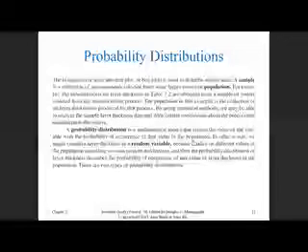Sample is a part of the whole, and the full count is the population. So the chance of occurring that value will be shown in the probability distribution. What we need to know is that it relates the value of the variable with the probability of occurrence.